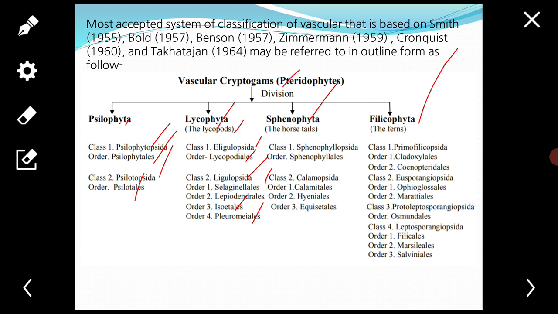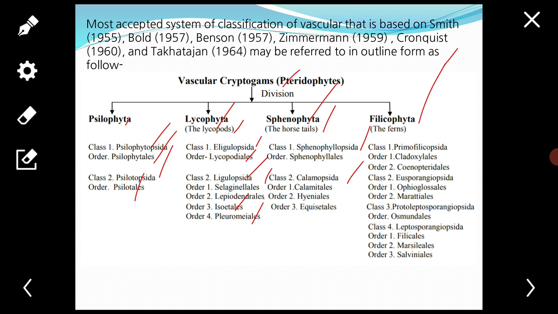Division third, that is Sphenophyta, contains the horsetails. It also contains two classes. Class 1, Sphenophyllopsida, class 2, Calamopsida.